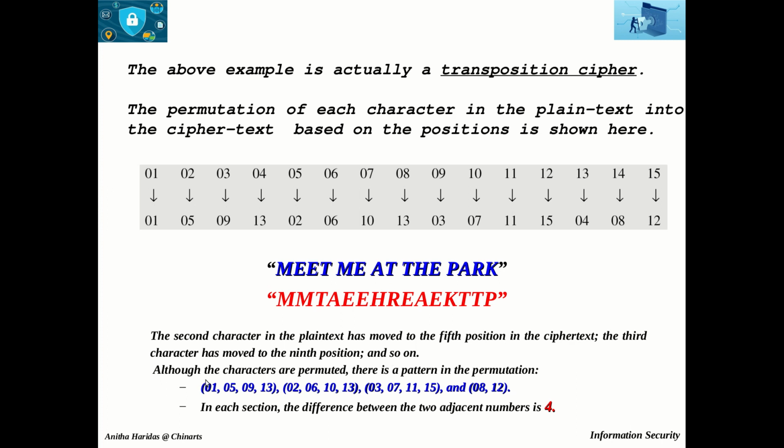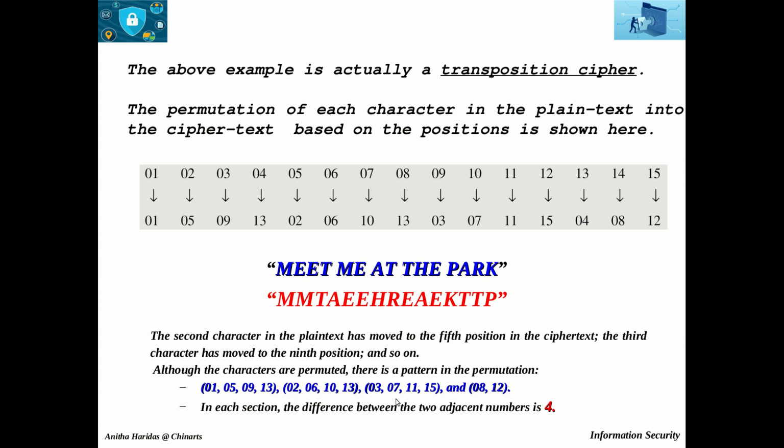Now, although the characters are permuted, there is a pattern in the permutation, right? So what is the pattern? The first character is coming in the first position itself, second character in the 5th position, third character in the 9th position, fourth character in the 13th position, right? The first 4 characters are like this, and the next 4 characters have the positions 2, 6, 10, 13.